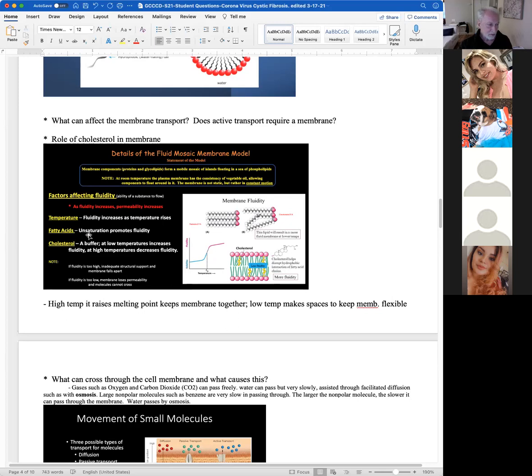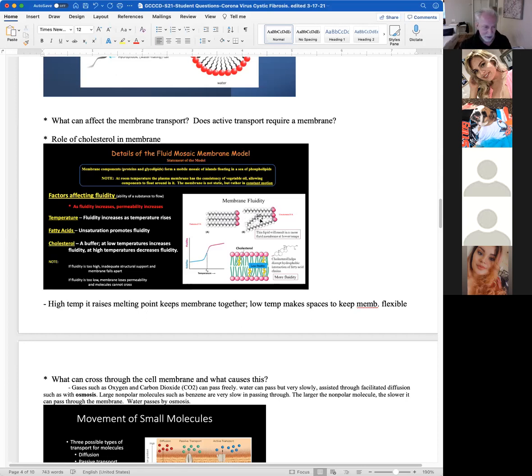The degree of unsaturation of the fatty acid tails in the phospholipid bilayer also affects permeability. If the molecules are completely saturated, they're long, straight, and stiff, they're rigid. And there's not much fluidity there.